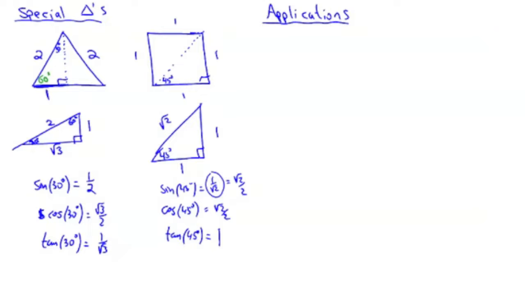Alright, applications. For instance, you have a lake, and you're here, and there's this tree over here. The problem is you want to know how far it is across the lake, but you don't want to canoe over and drag a rope behind you, because that's not a very accurate measurement.